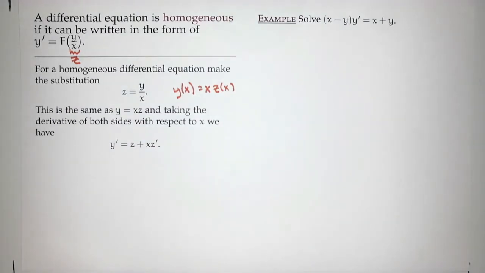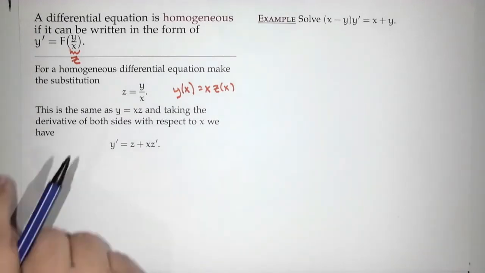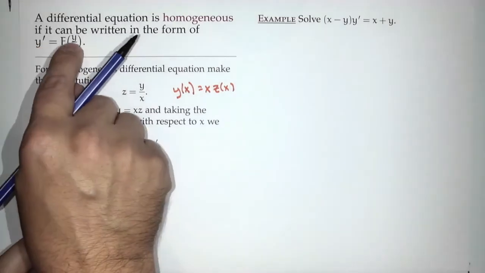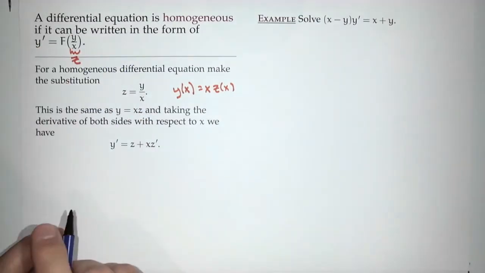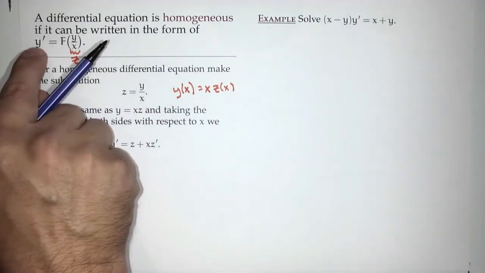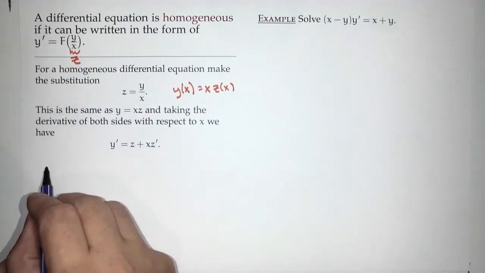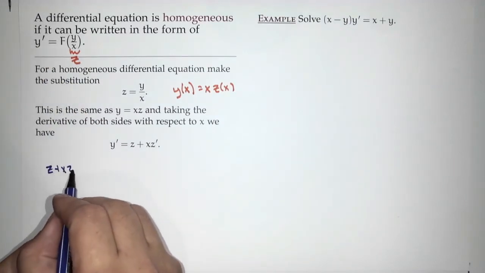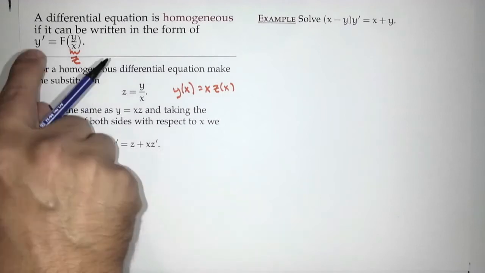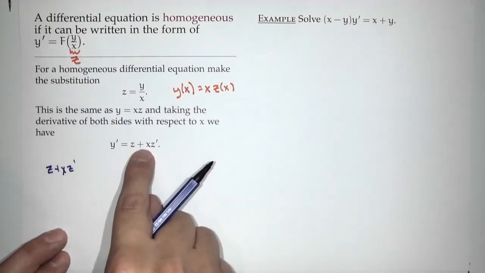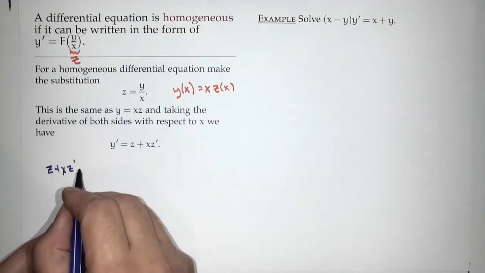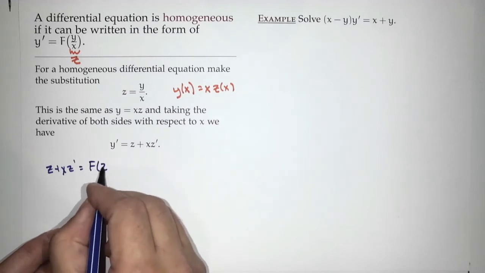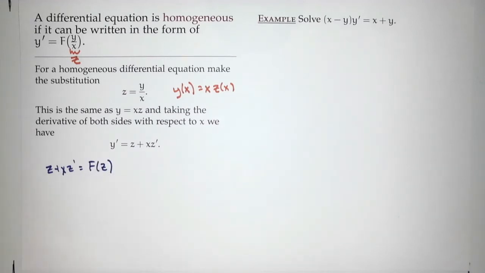Let's just see what our differential equation became. So we have to replace. There's a y in the y prime, and there's this y showing up in that f of y over x. So the left-hand side becomes z plus x z prime. I'm just replacing the y prime by what it is. The right-hand side becomes f of z. Now, we won't go very far.